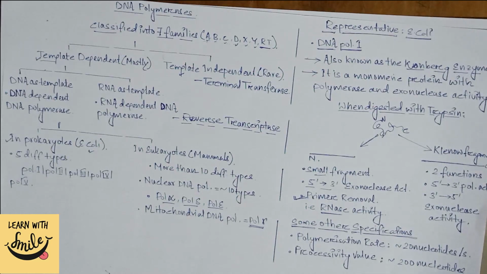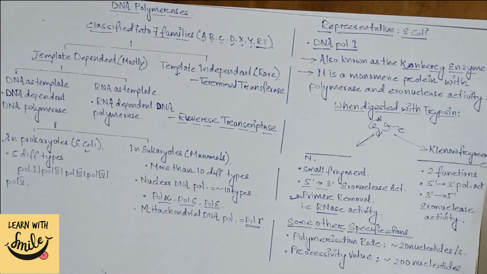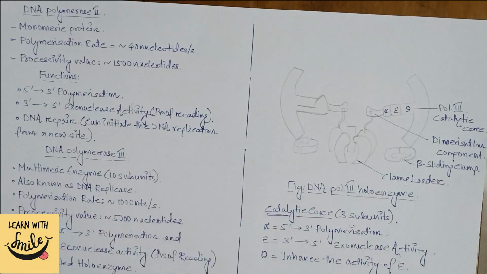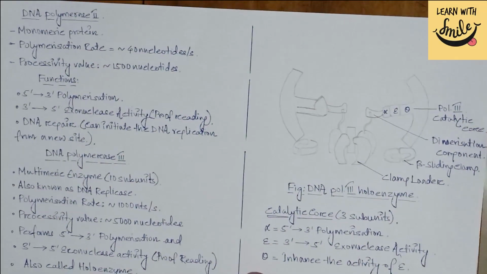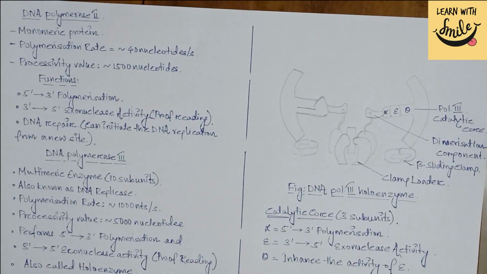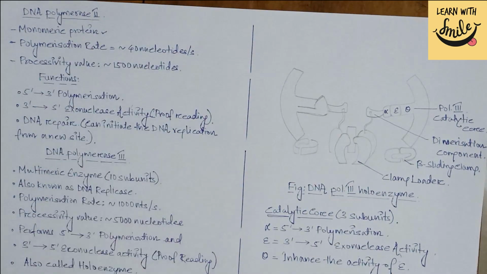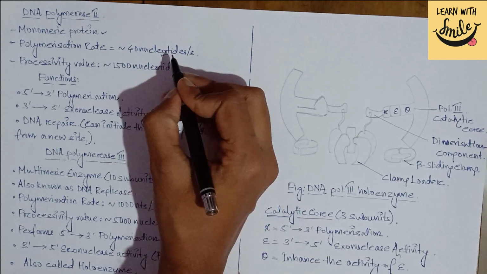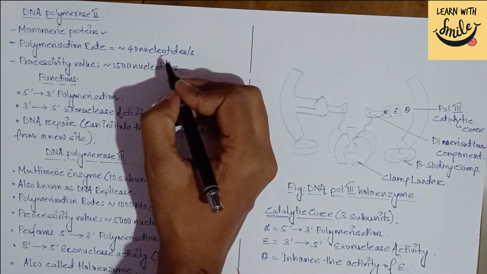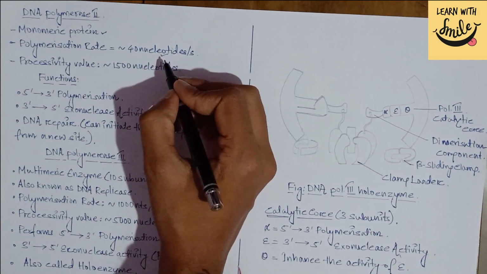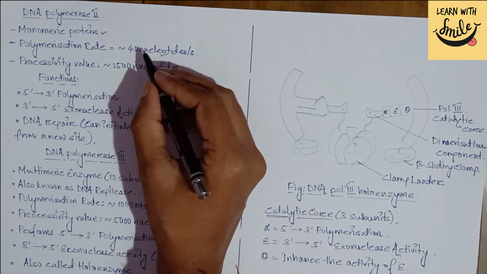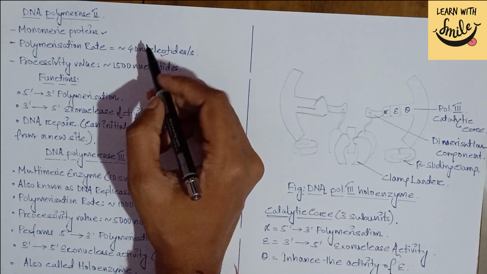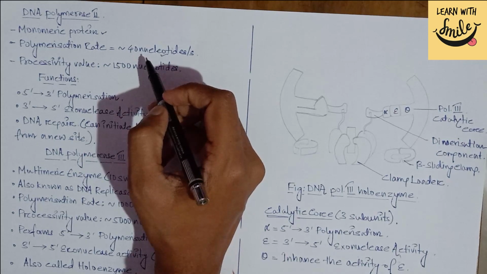Okay, now having understood DNA polymerase 1, let's look at DNA polymerase 2. DNA polymerase 2 is again a monomeric protein with a polymerization rate of approximately 40 nucleotides per second, which is slightly higher than DNA polymerase 1, where the polymerization rate was approximately 20 nucleotides per second.